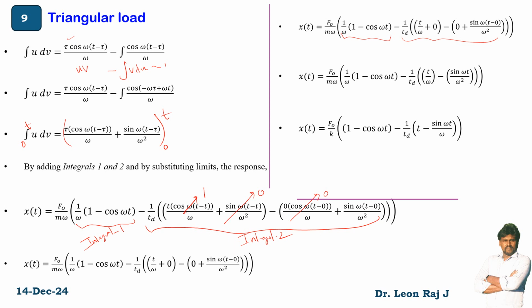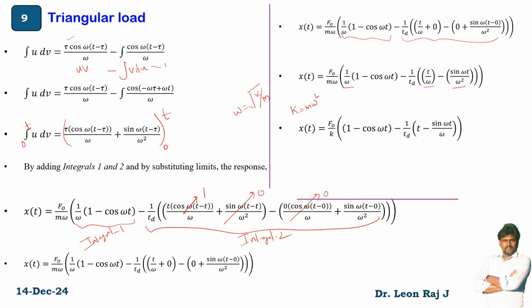Further simplifying the omega terms, one omega is taken outside, and you know k equal to m omega square. So omega is nothing but the square root of k by m.